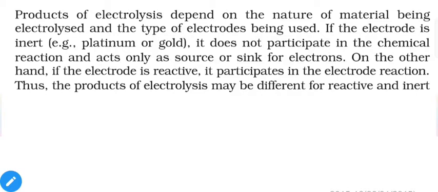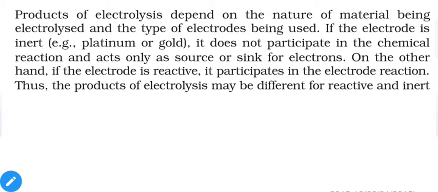Now, source means that if you have platinum as a cathode, then it will behave as a source of electrons, because it will provide electrons to the positive ions present inside the solution, and it will get electrons from the anode. And if you are using platinum as an anode, then it will behave as a sink of electrons.